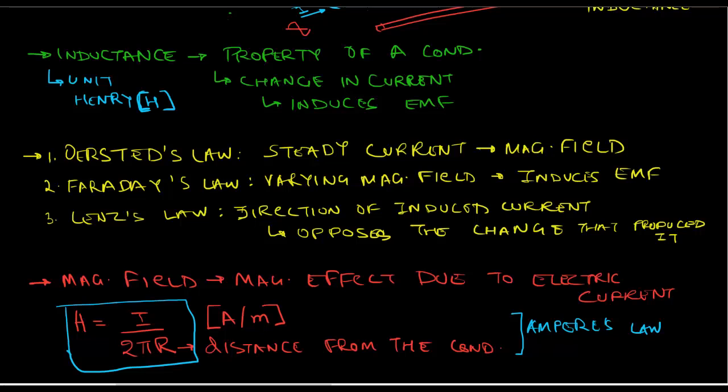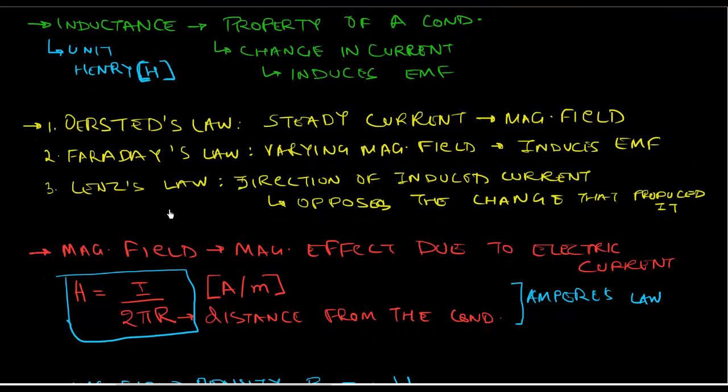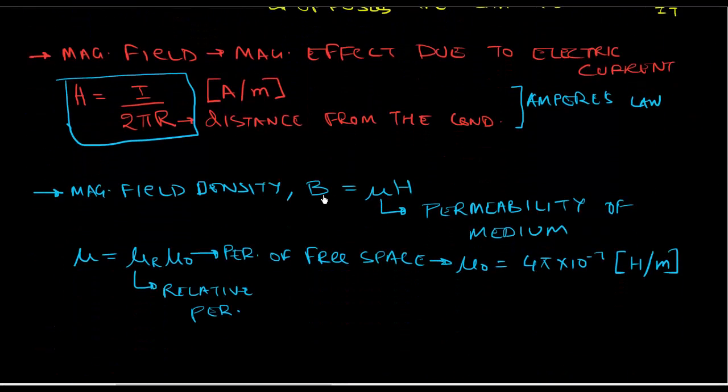So it's a little bit confusing, but keep in mind this H is different from this H. This H is the unit for inductance representing Henry, and this H is the magnetic field. And we have B as the magnetic field density. The unit for magnetic field density is Tesla, and we use the letter T for that.